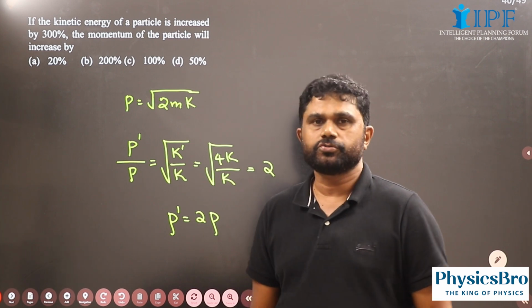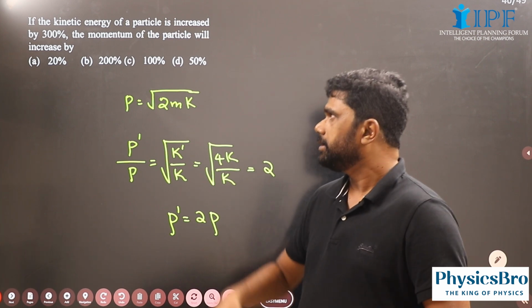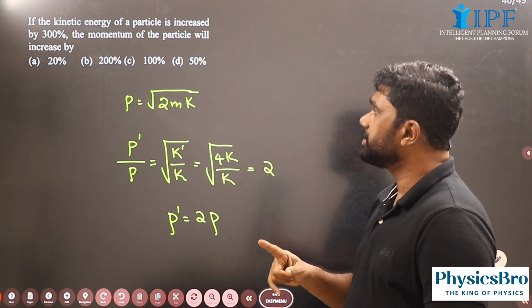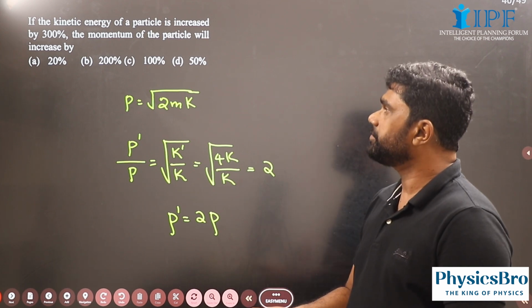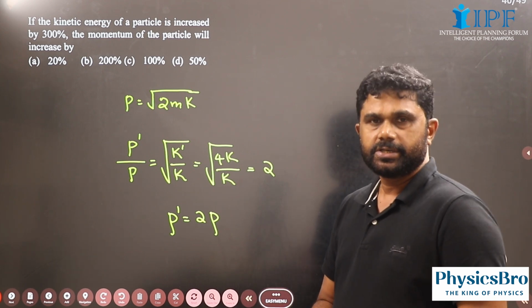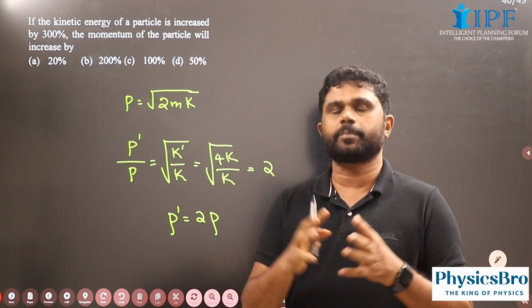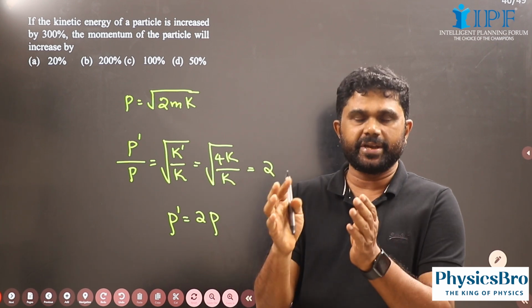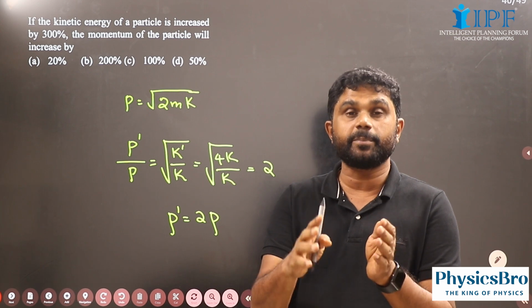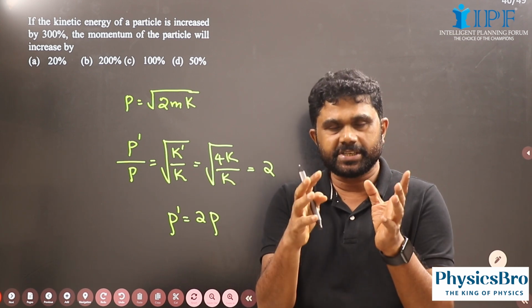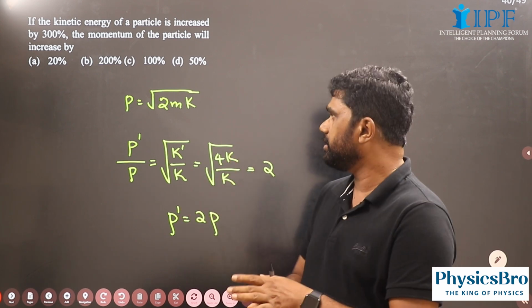Now see, we have a typical question. If the kinetic energy of a particle is increased by 300%, the momentum of the particle will increase by? See, original is always 100%. Original momentum, that is 100%. So 100% momentum means 1p. 100% kinetic energy means 1k.